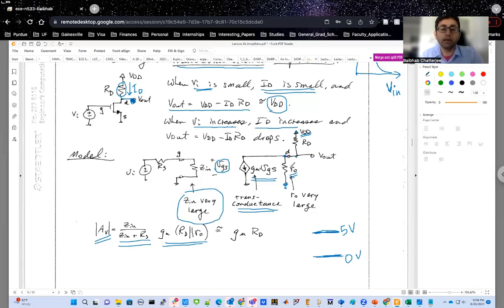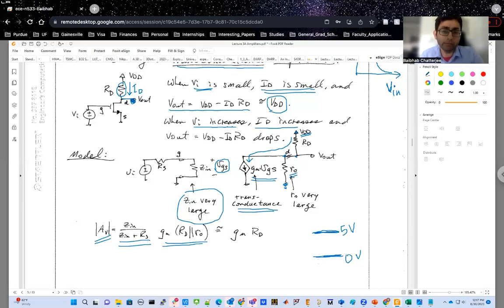On the other hand, ideally assume that RO is infinite. In that case, all the current will be flowing through this RD, right? So there would be no current flow through this RO. In that case, the output voltage that will be developed will be GM times RD, of course, times VGS. So GM times RD times VGS would have been the output voltage if RO were infinite.